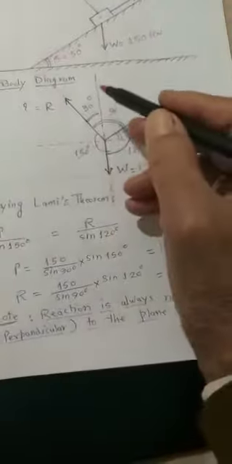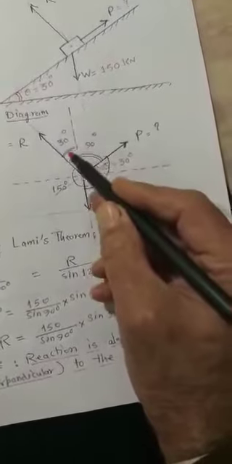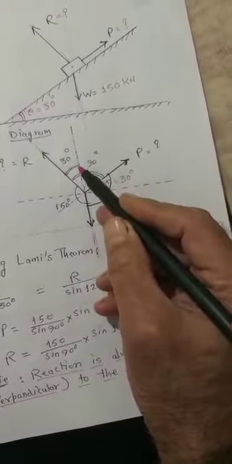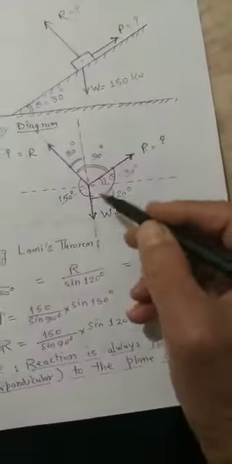Now you can see from here, I have drawn a vertical imaginary line and a horizontal imaginary line, and just saw that this angle is 30 degrees. This is the same slope acting in this direction, and this is vertically acting downward, that is the weight of the car.